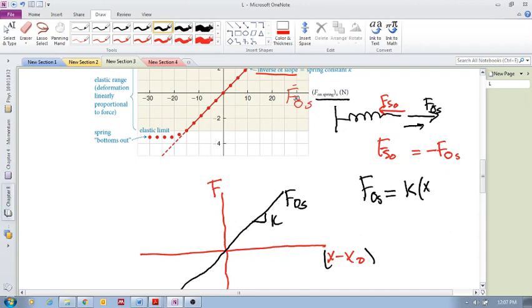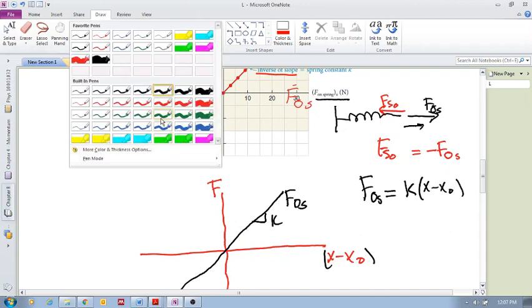However, let's use another color, say blue.